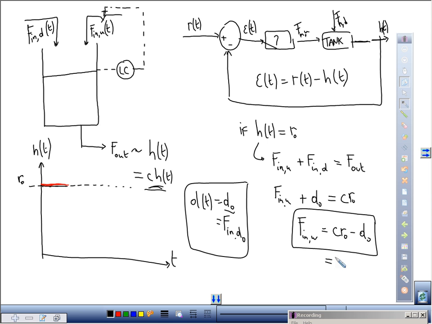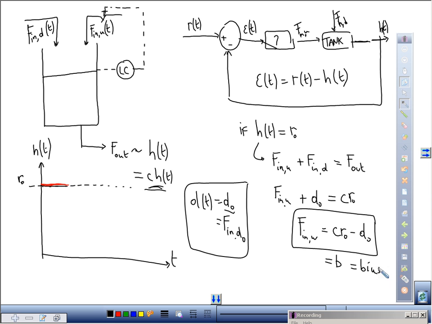We call this constant value the value that the controller will send out when the error is 0. We call it the bias and denote it by B. So I repeat that the bias is the thing that the controller should do when the error has become 0 to keep it at 0 for a given reference R0 and a given disturbance D0.